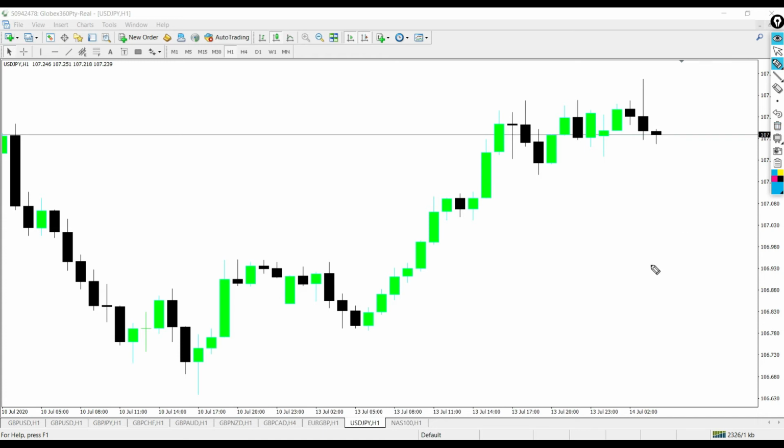Now let's move on to something like a morning star or an evening star. It's almost one and the same thing. Now with a morning star, it's quite simple. This is a candlestick that looks like, let's see if I can find one.